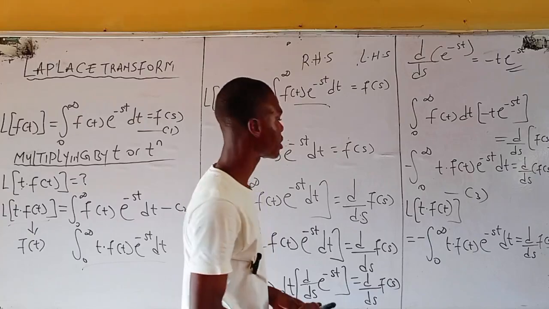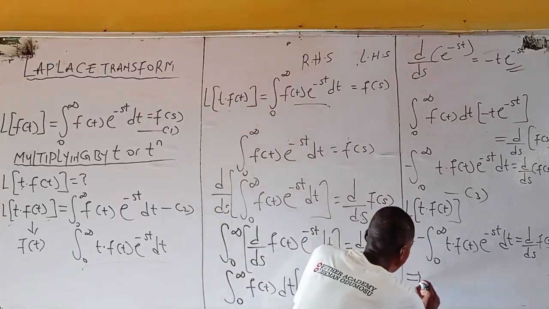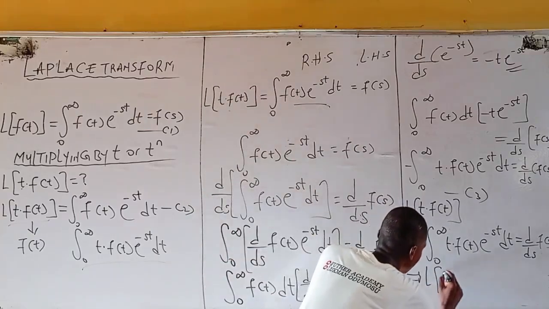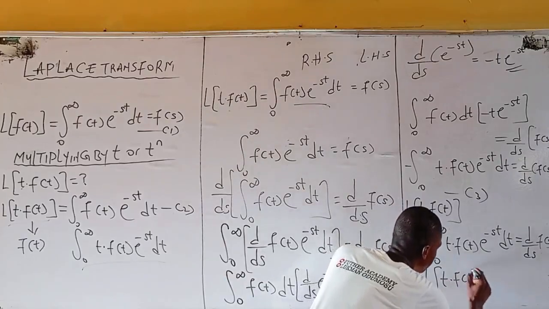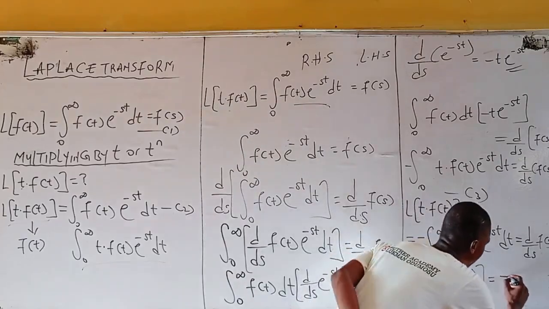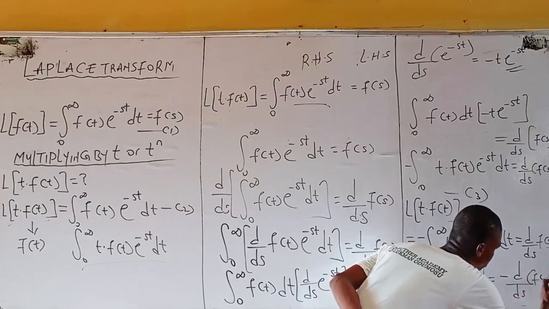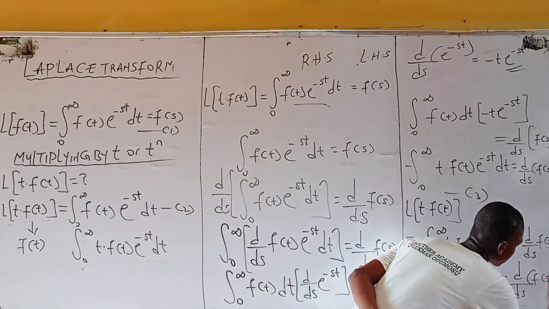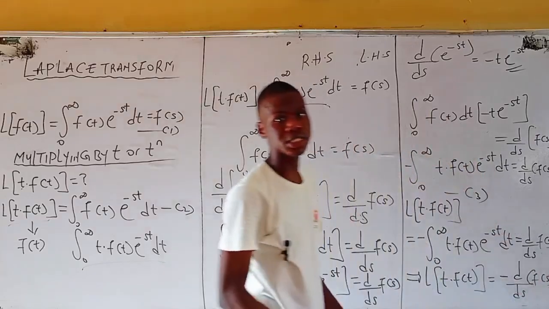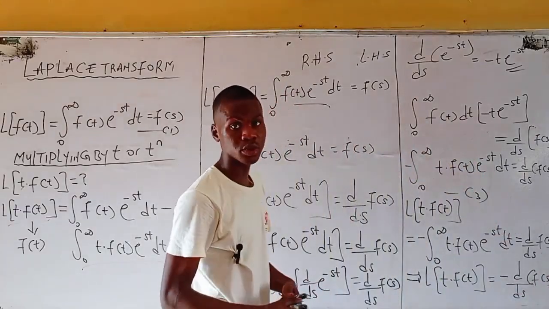This implies that the Laplace transform of t multiplying f of t is equal to negative d over dx of f of x. Can you see how it works?